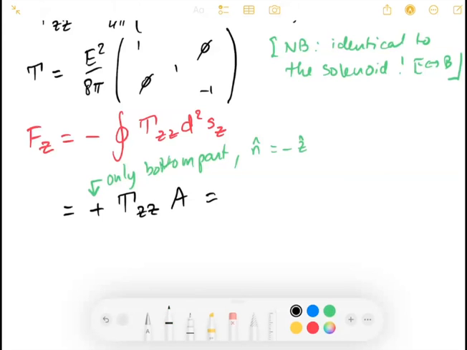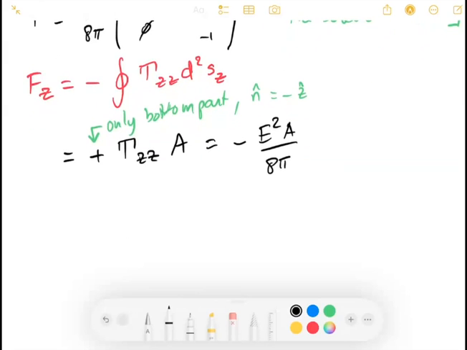Okay, now what is T_zz? Well, T_zz happens to be negative. All right, so it's minus E squared times A over 8 pi. Okay, so it's down. Right? Force is down. Because opposites attract. That's always nice when the universe works in this way. A really, really long way of finding that opposites attract.